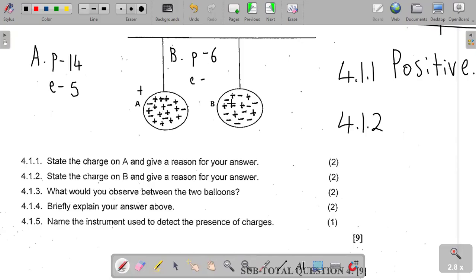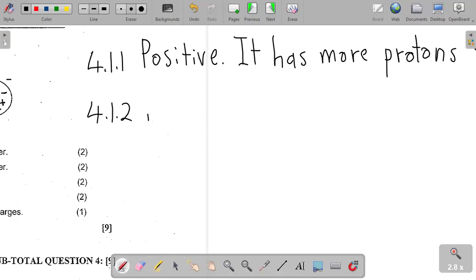Then the negative charges, which are the electrons: 1, 2, 3, 4, 5, 6, 7, 8, 9, 10, 11. So B is going to be negative.